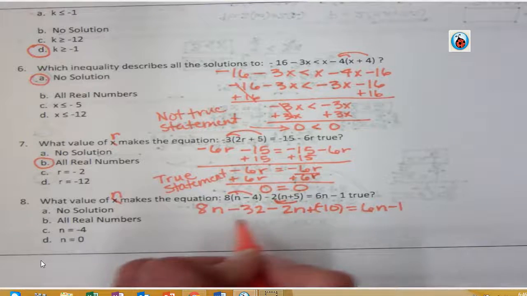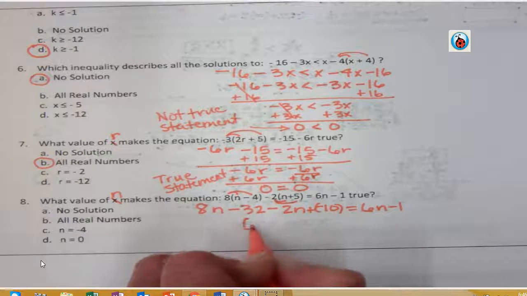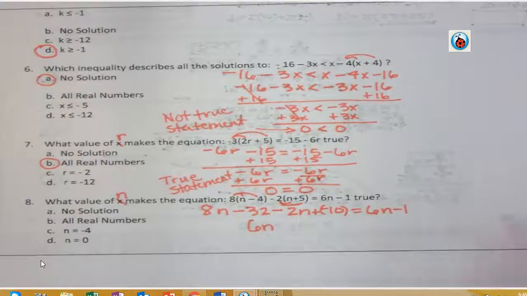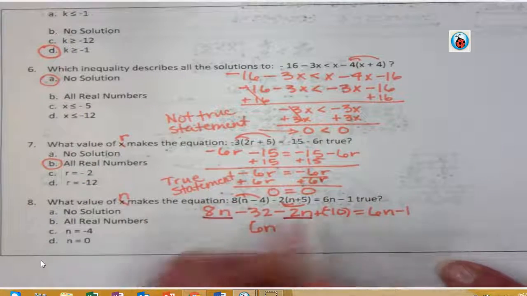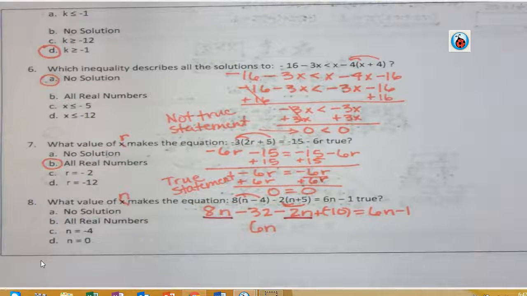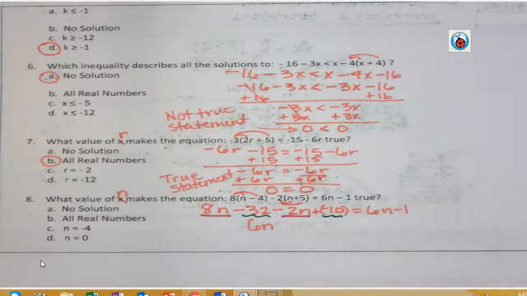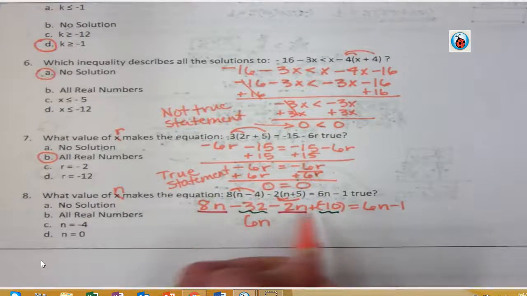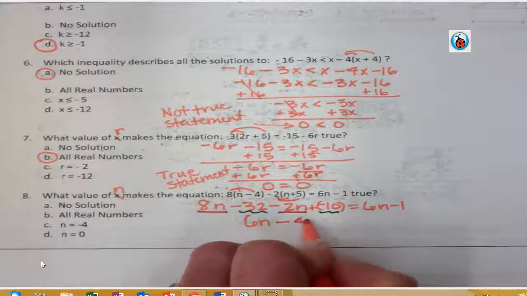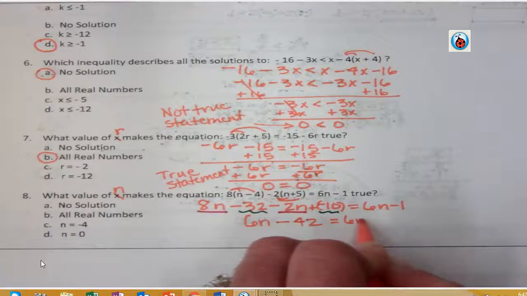I need to combine my like terms. I get 6n because I'm combining my 8n and my 2n to get 6n. Then I need to combine my 32 and my 10. This is a negative and a negative, so I'll get a negative 42 equals 6n minus 1.